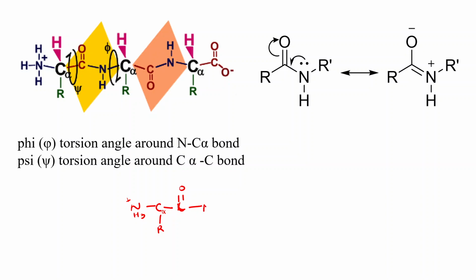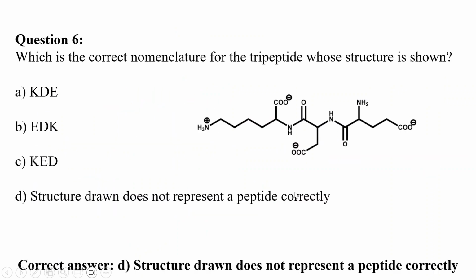Then the second amino acid will start where the amino group makes a peptide bond with the carboxylic group of the first amino acid, and then again the C alpha will be there, the R group, and again the carboxylic group, and so on and so forth. Different amino acids will join together through peptide bonds.